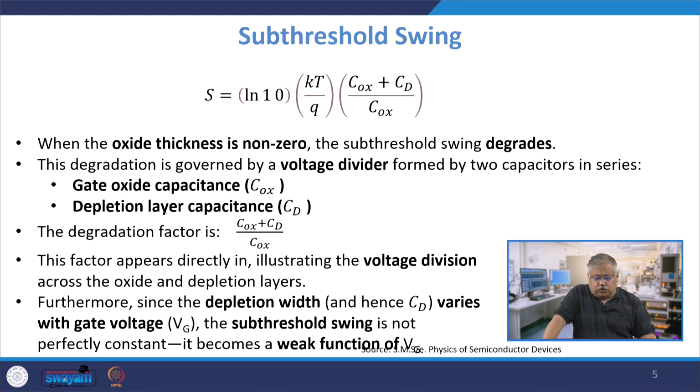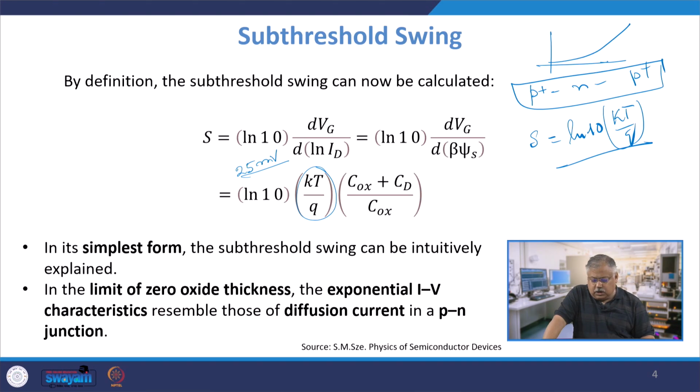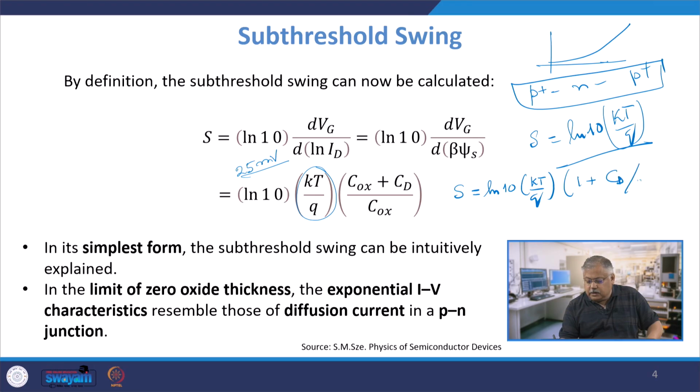Now, let's look at one more thing. As I told you, my final value of S will be ln of 10 kT by q, and if you divide by C oxide, this will be Cd by Cox.